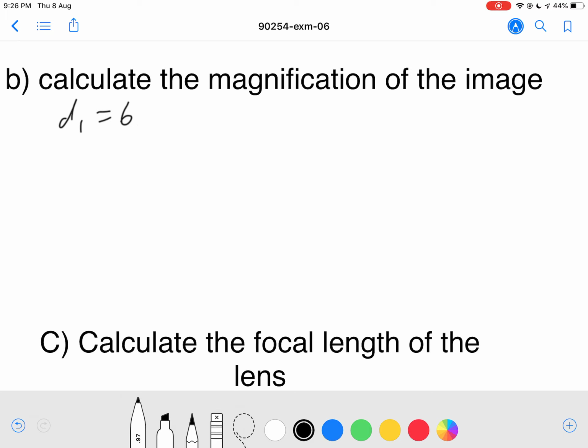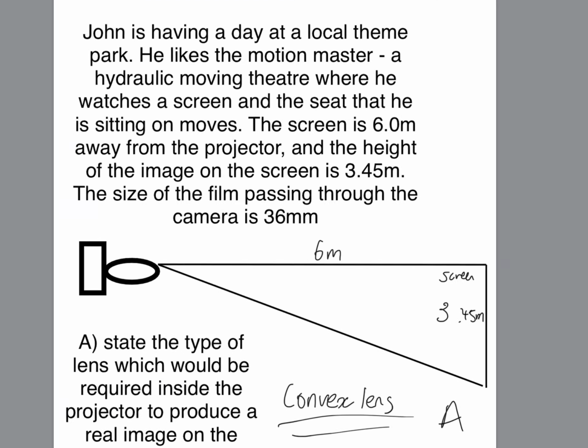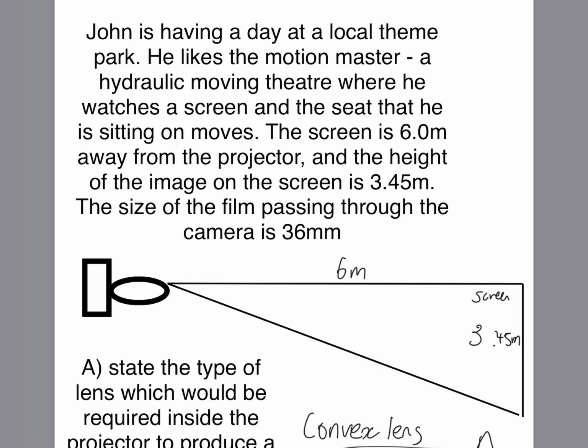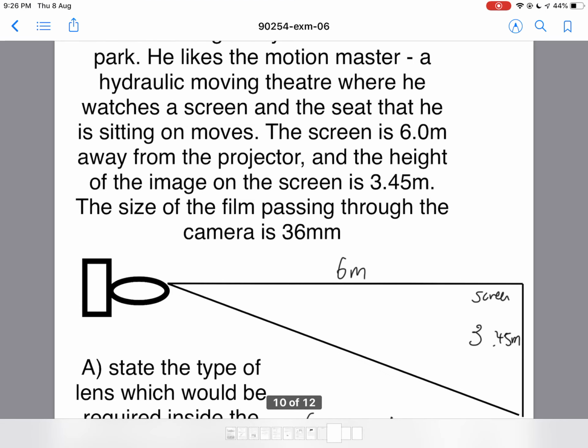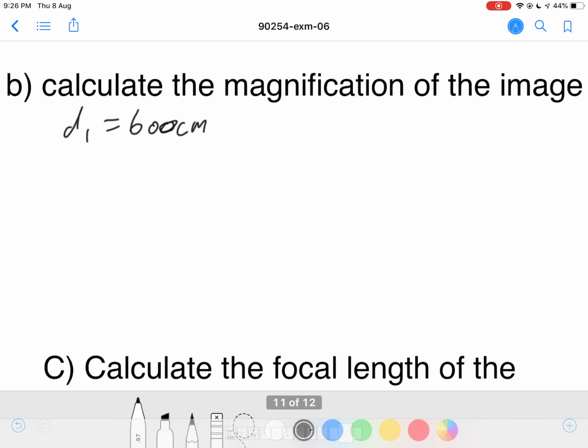Actually, we're going to change everything to centimeters to make it a bit easier. You don't have to do this, I just prefer centimeters. Our second variable, the height of the image on the screen, is 3.45 meters, so HI is 345 centimeters.